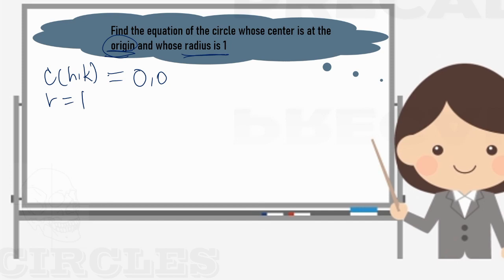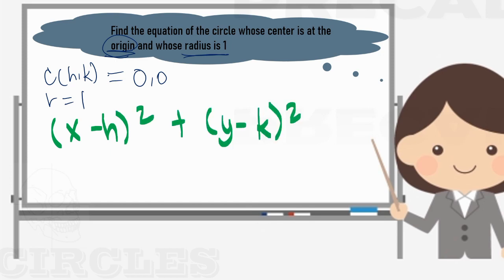So, let's recall again the standard form, x minus h squared plus y minus k squared is equal to r squared. And then, substitution of the given.